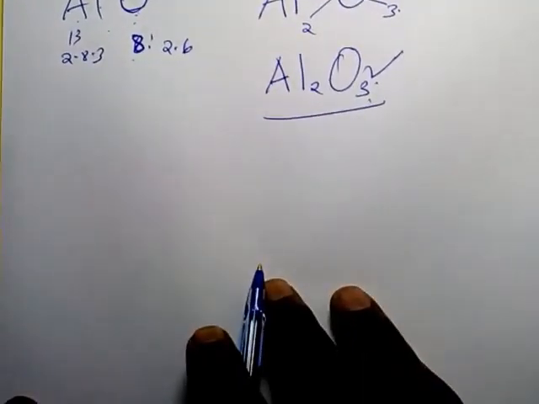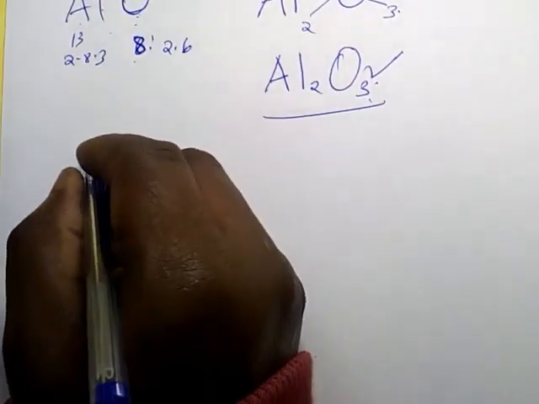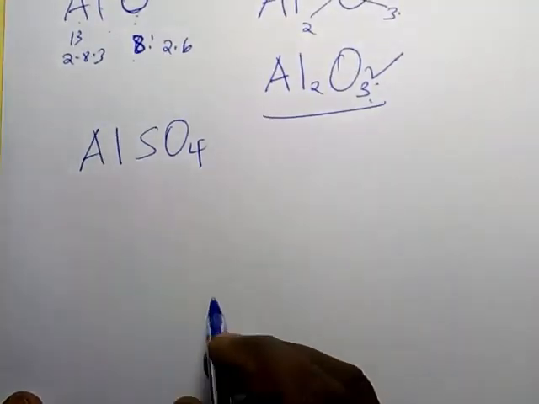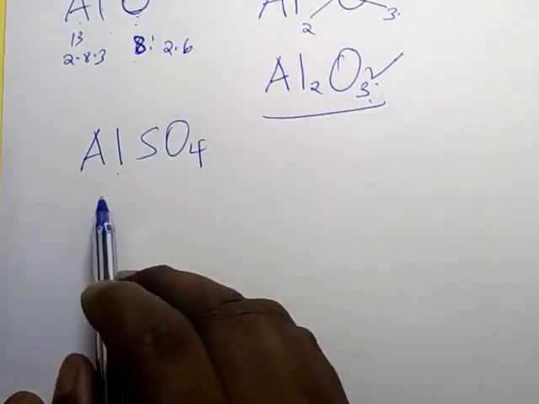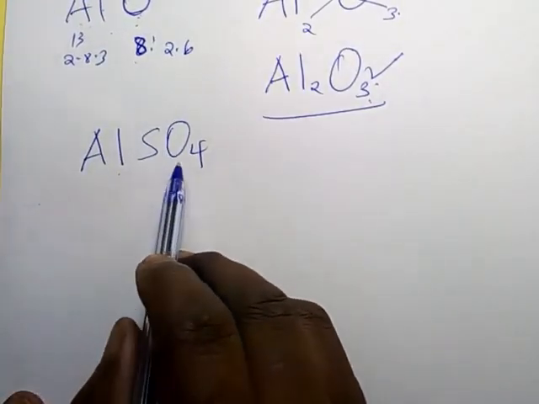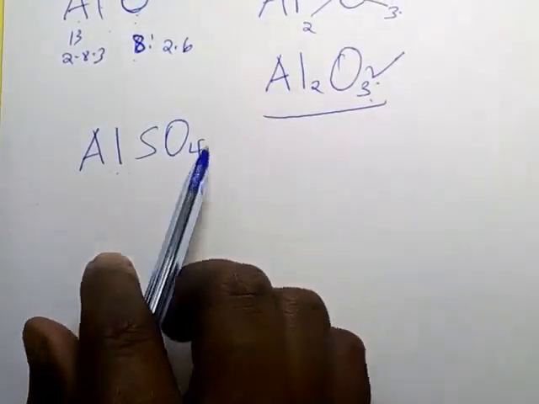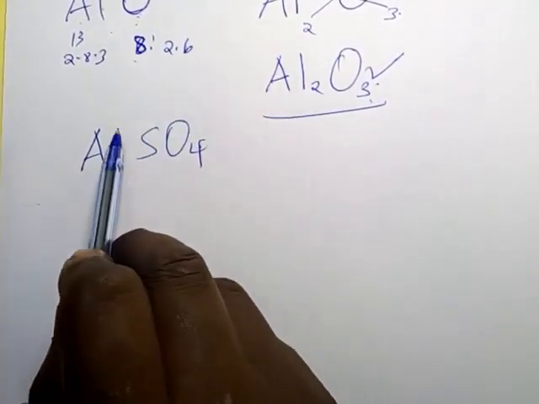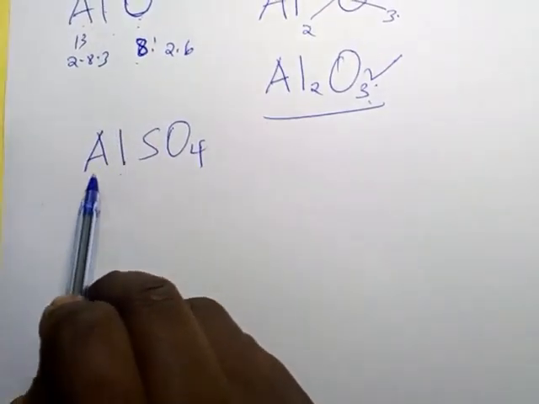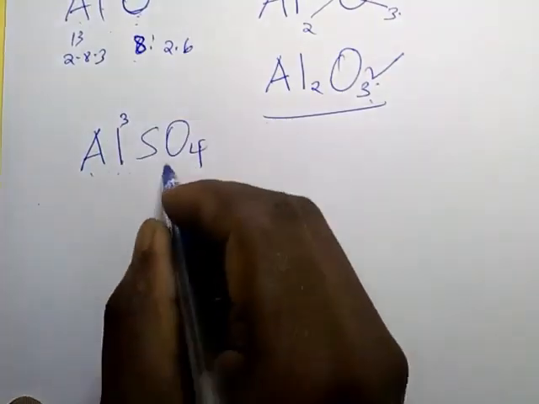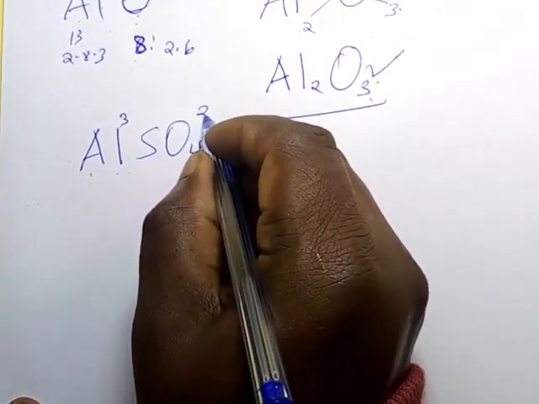Suppose I want to write aluminium sulfate. If you write it like this, initially you are fine, you are okay. This is aluminium sulfate. The only thing is that you have not asked yourself, what is the valence of the sulfate? What is the valence of aluminium? Aluminium is valence 3. We have said that. The sulfate is valence 2, right?